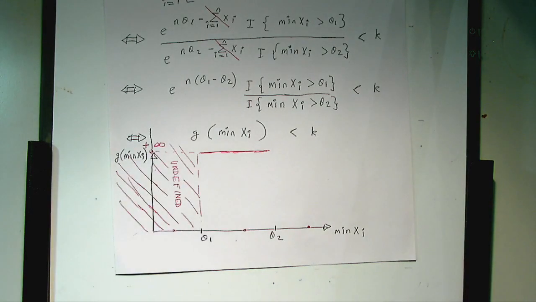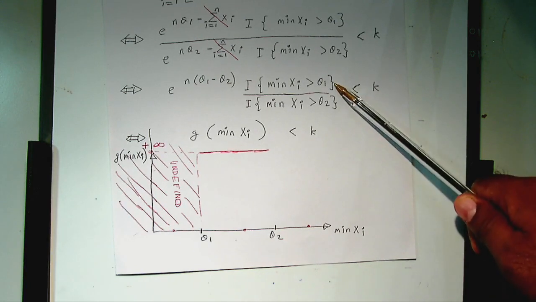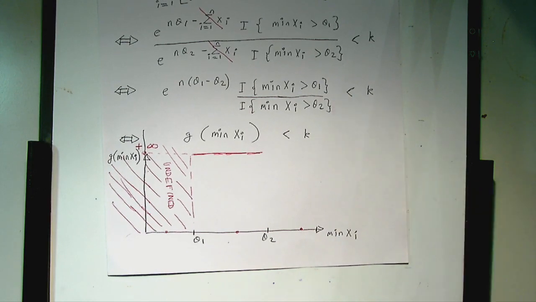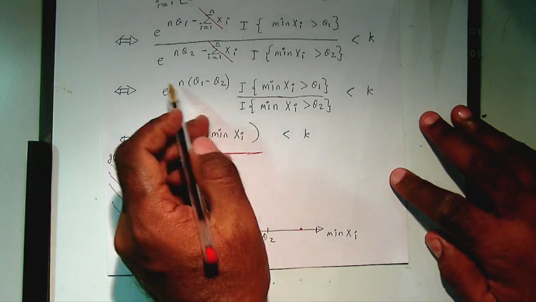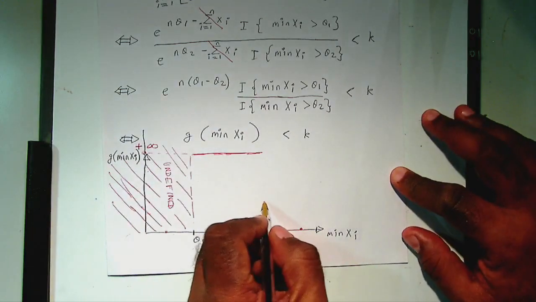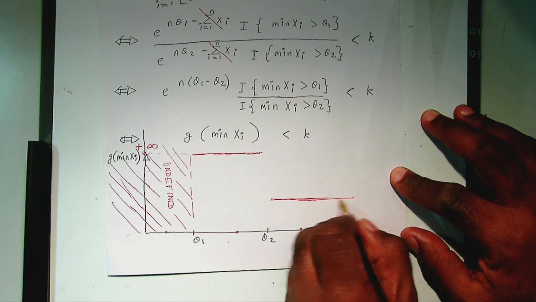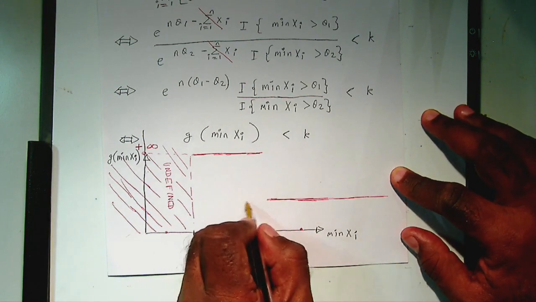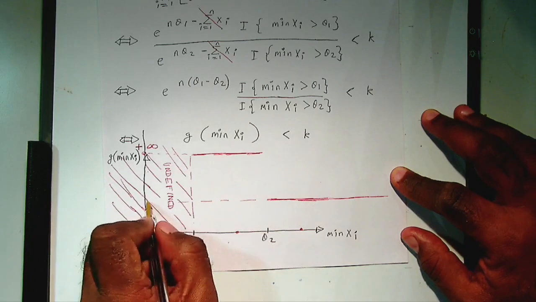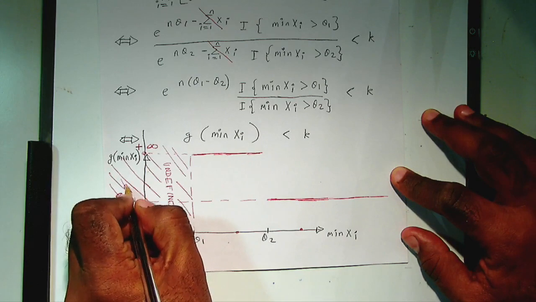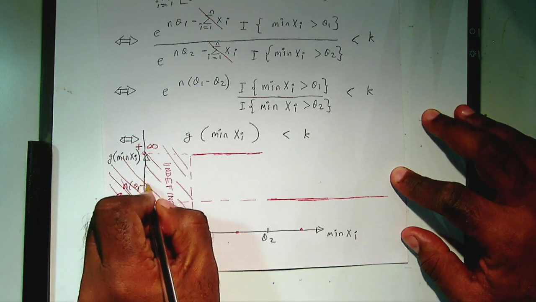Now, let's consider this point here. Over here, this will be equal to 1, and this is also equal to 1. So 1 divided by 1 is 1. So you have a constant outside. The value here will be equal to E of n theta 1 minus theta 2.